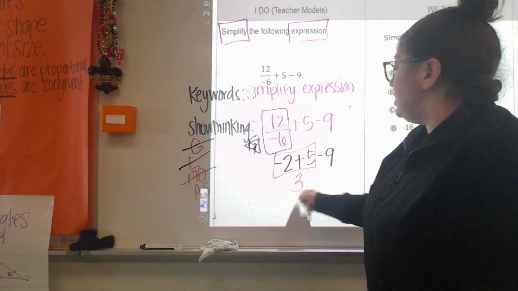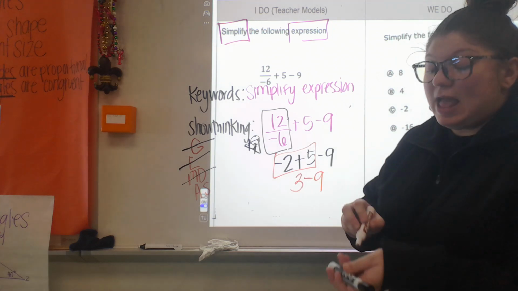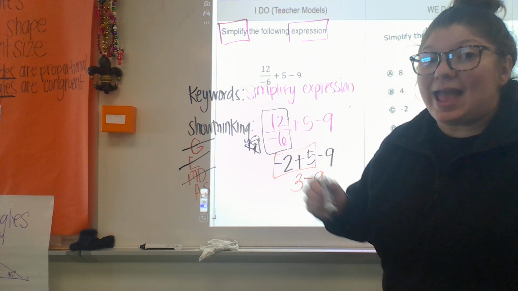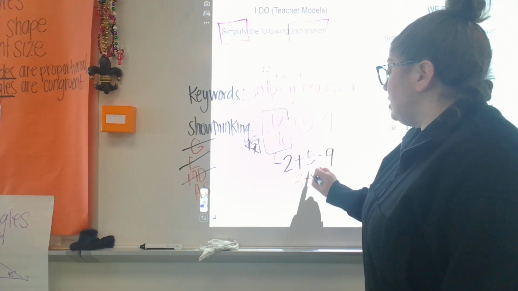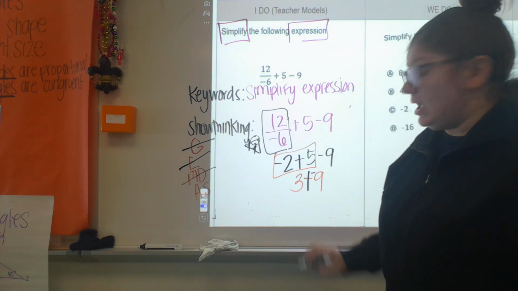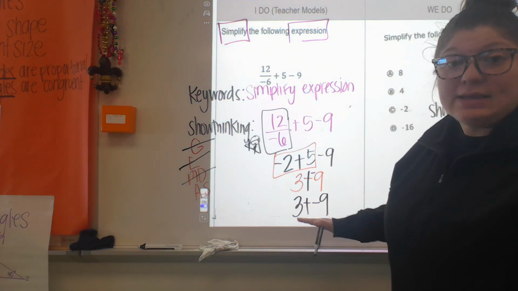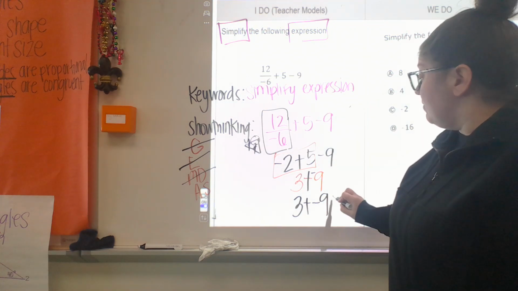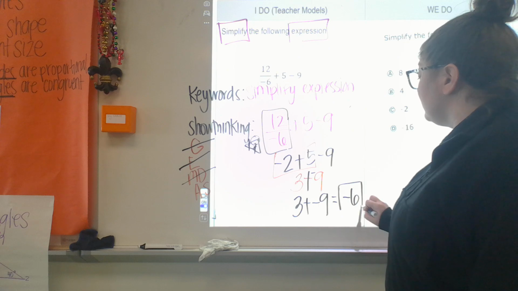So I have 3 minus 9, okay? Now, remember, subtracting is adding the opposite, so that's really saying 3 plus negative 9. Okay, so 3 plus negative 9 gets me a negative 6.